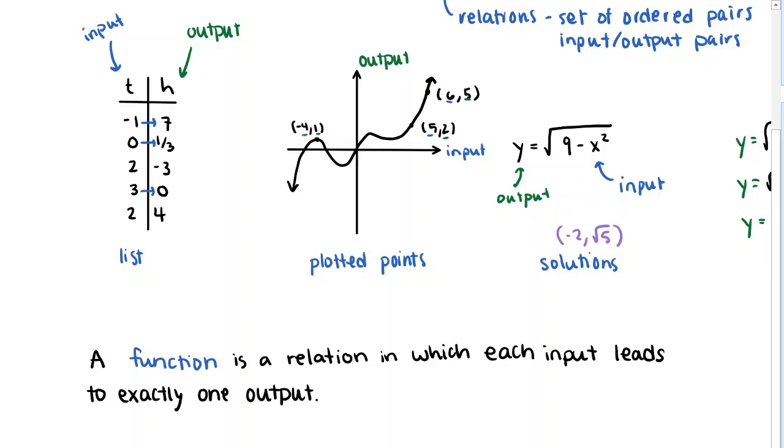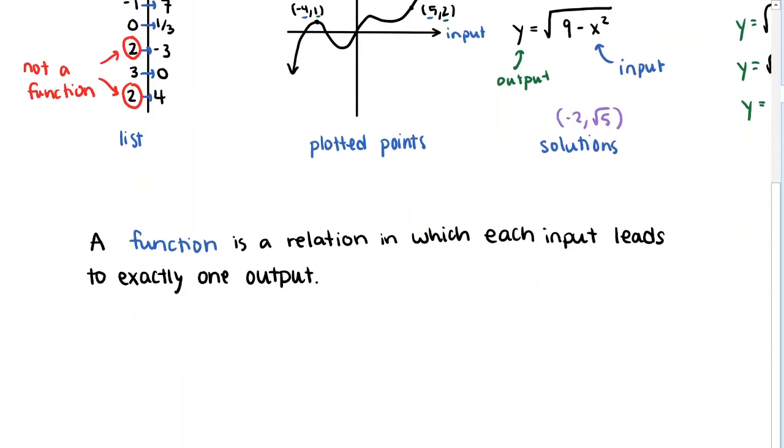That's all fine. But when we look at the input of 2, we see that 2 goes to both -3 and +4. The fact that we see this input of 2 appear twice, and we get different outputs in each case, breaks this from being a function. So this is not a function.